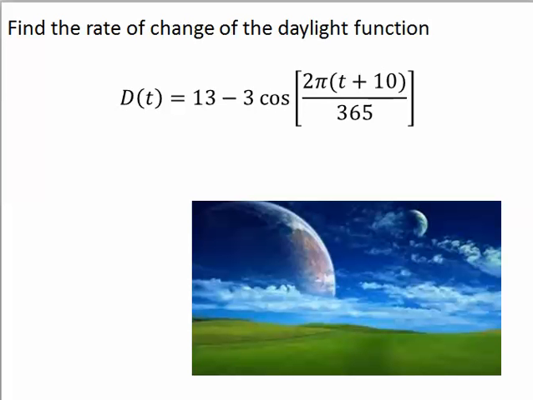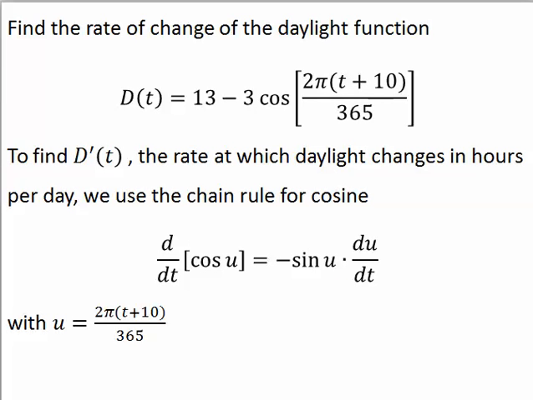Next, find the rate of change of the daylight function. To find D prime, the rate at which daylight changes in hours per day, we're going to use the chain rule for the cosine function. So I let u equal 2 pi times (t plus 10) over 365, and I would like to find the derivative of cosine u with respect to t.